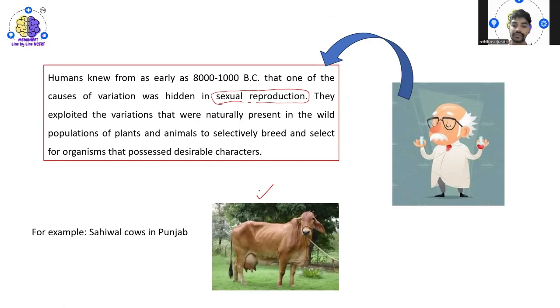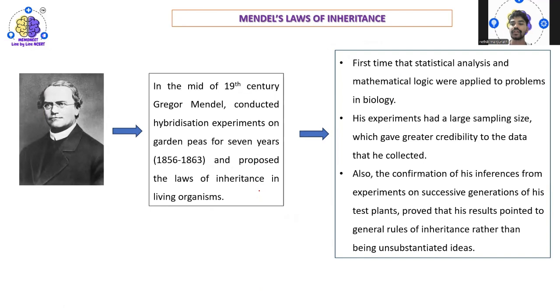Now, coming to Mendel's law of inheritance, which is very important. What does this say? It was during the mid 19th century that this person, Gregor Mendel, conducted a set of hybridization experiments, choosing the garden pea plant for several years, and proposed the laws of inheritance in living organisms.